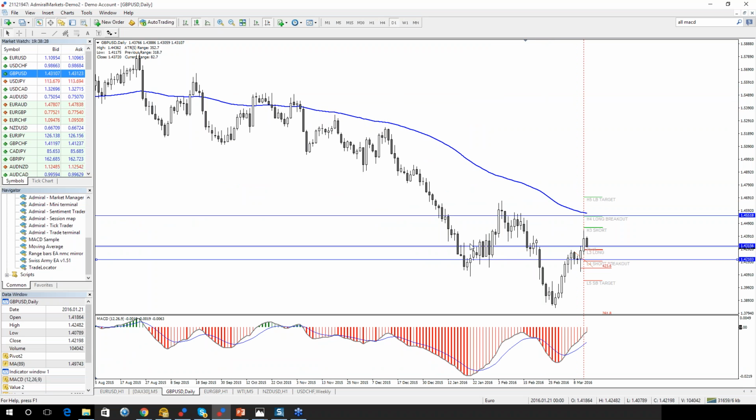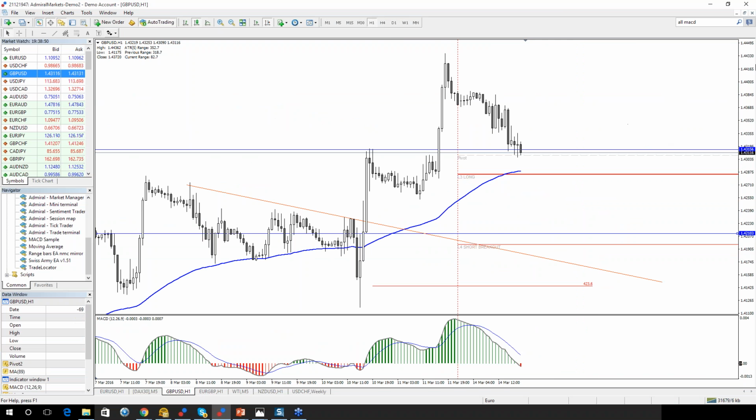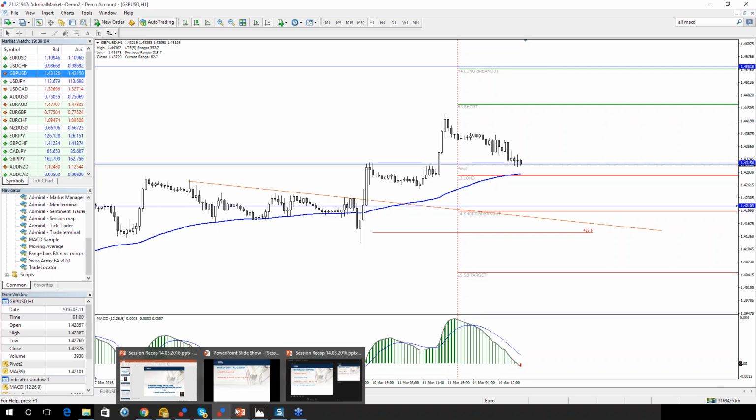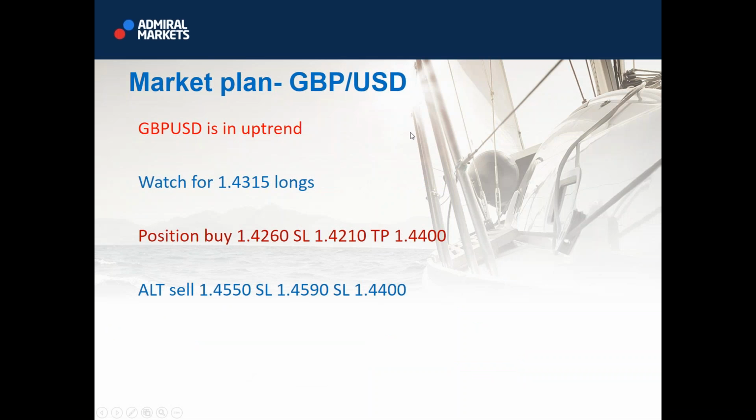See the daily time frame rejections here. I couldn't really find any rejections below. So this is where I would like to short. Look at these rejections on the daily time frame. That is why I would like to see it higher for a sell. But probably this would be a buy before a sell. So this is your target.